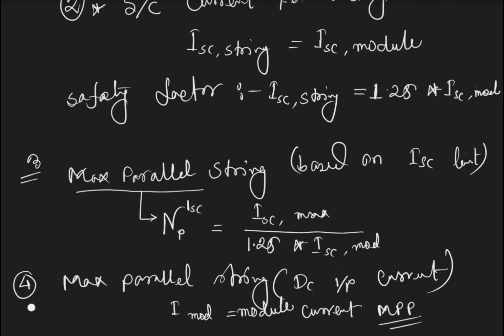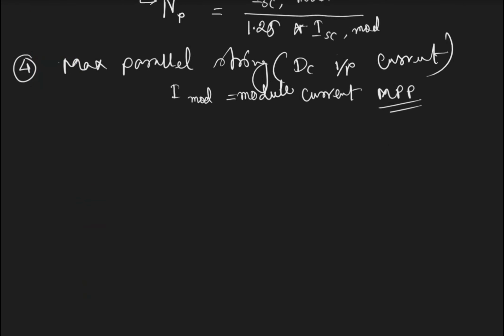So the parallel string based on DC input current uses the module current at maximum power point.